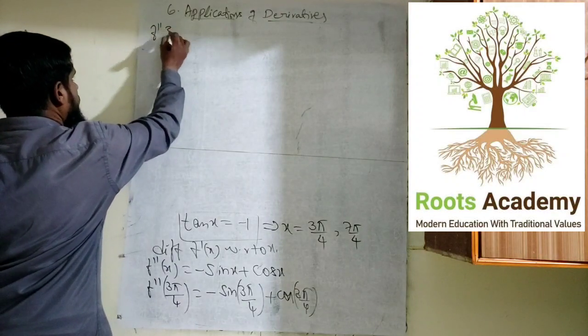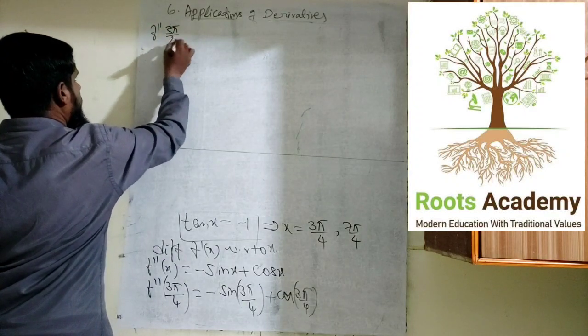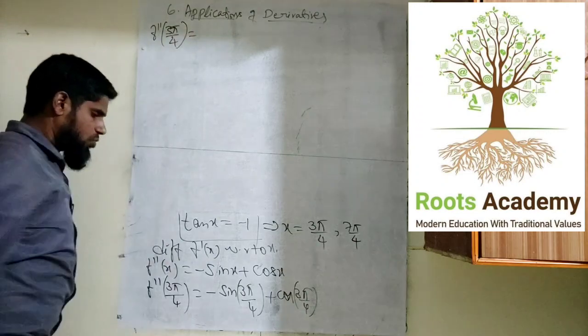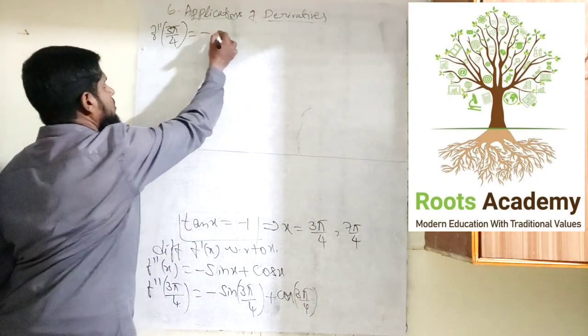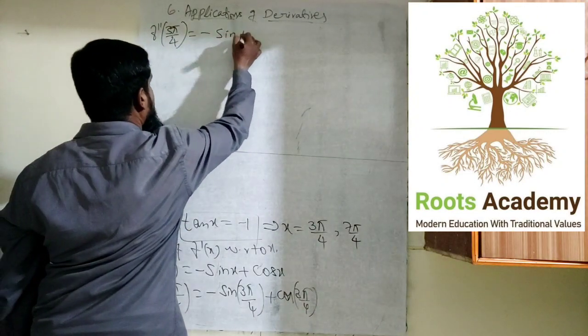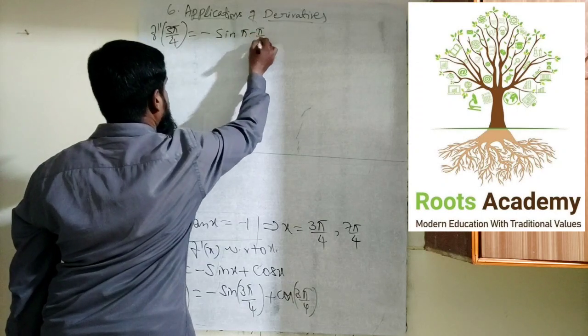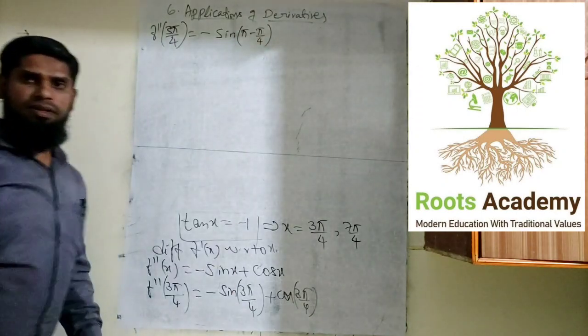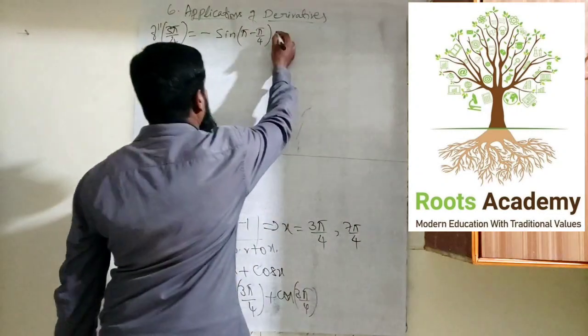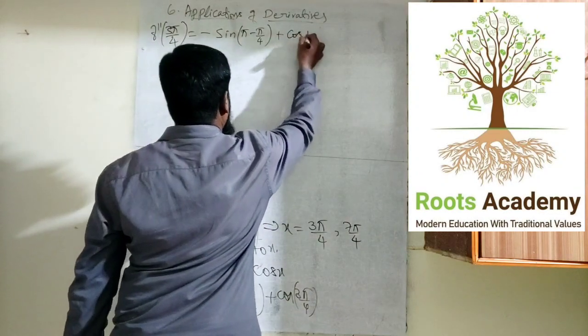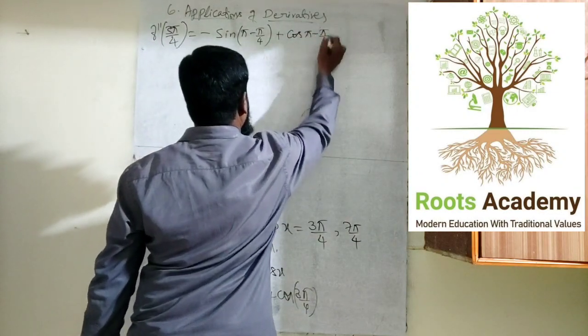F double dash of 3 pi by 4 is equal to minus sin of pi minus pi by 4 plus cos of pi minus pi by 4.